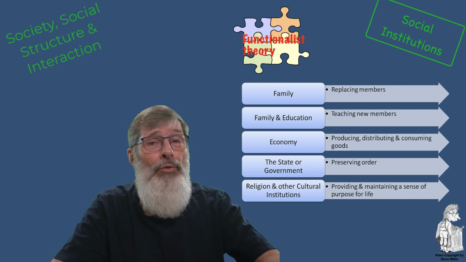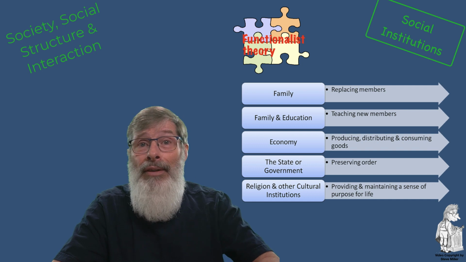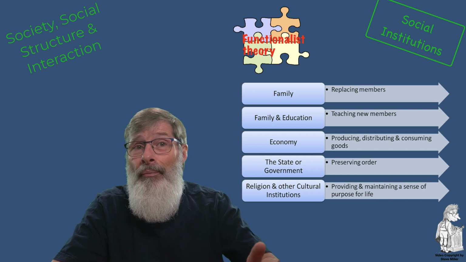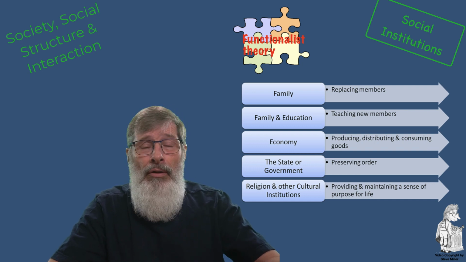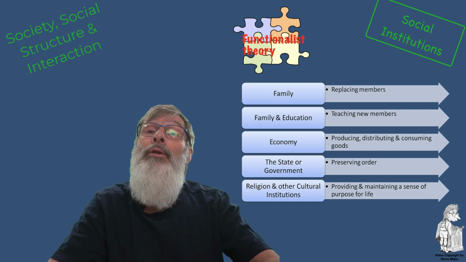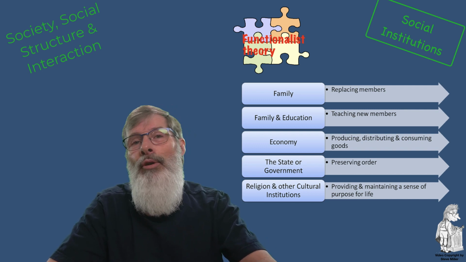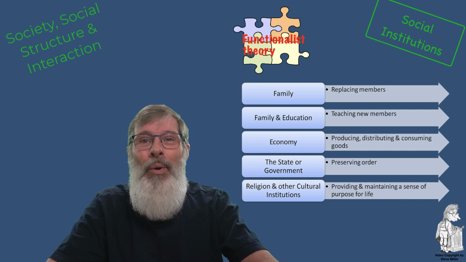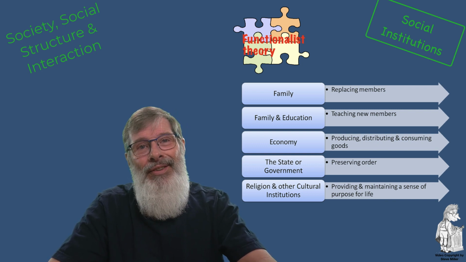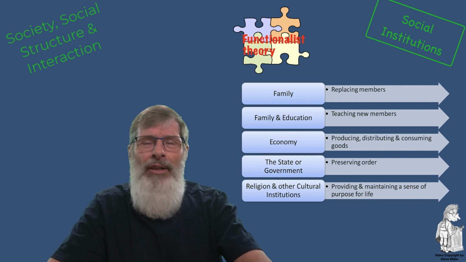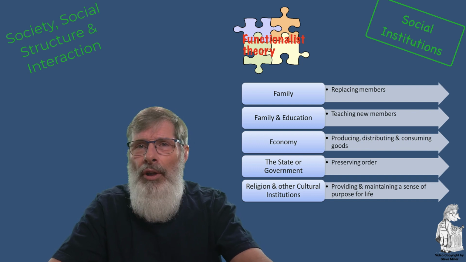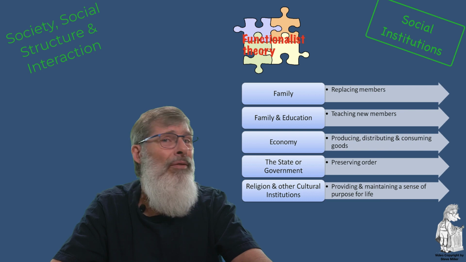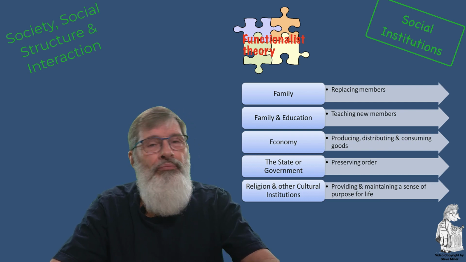Again, in terms of social institutions, we could be looking at government, state, military. The fifth element from the functionalists is providing and maintaining a sense of purpose. To motivate people to cooperate with one another, a sense of purpose is needed. And here we find religion and cultural institutions, even sports, having a role.